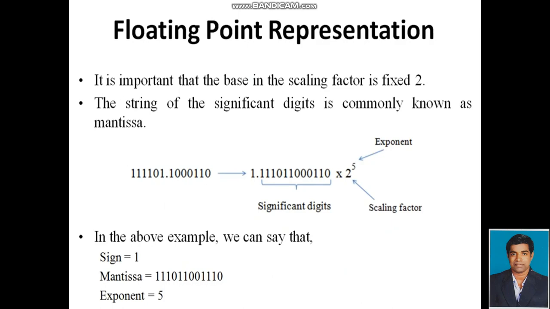The significant bits after the decimal point are the significant digits, the base value is the scaling factor, and the exponent value is 5. In the above example, we can say that sign equals 1, mantissa equals 1110110001110, and exponent is 5.